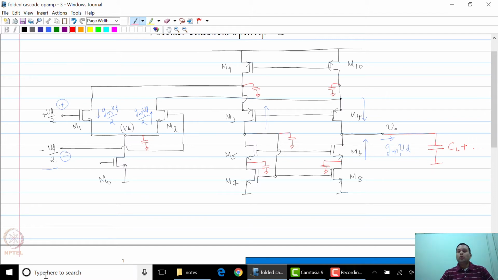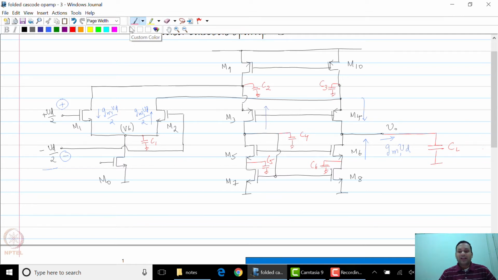As you can see, you now have a large number of capacitances in the circuit, very similar to the telescopic op-amp. What do these capacitances consist of? So for example, let me number these capacitances. See six capacitances, and let us assume that CL consists of the load capacitance plus all other capacitances.